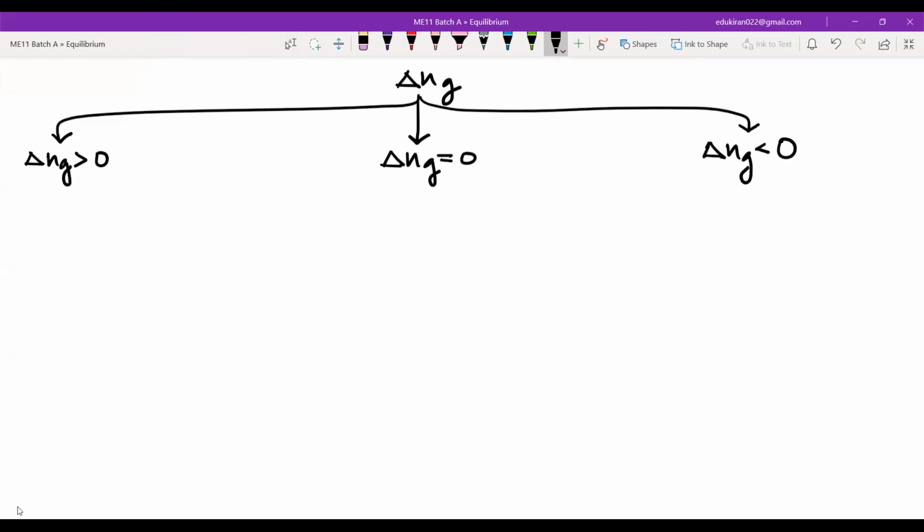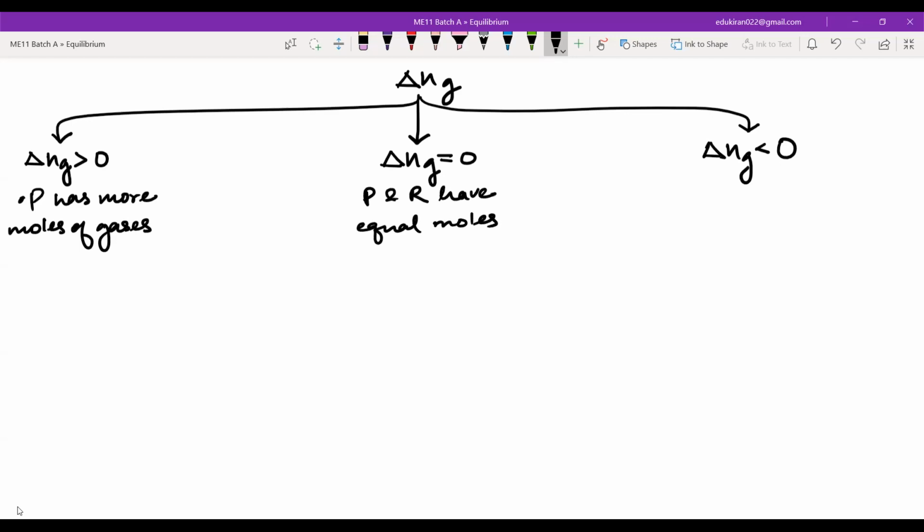Now, if it is greater than 0, that means the products have more moles of gases. If it is equal to 0, the products and reactants have equal moles of gases.